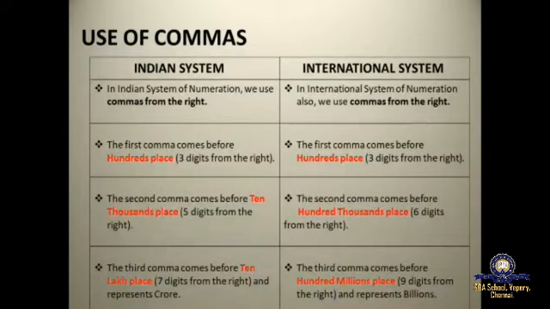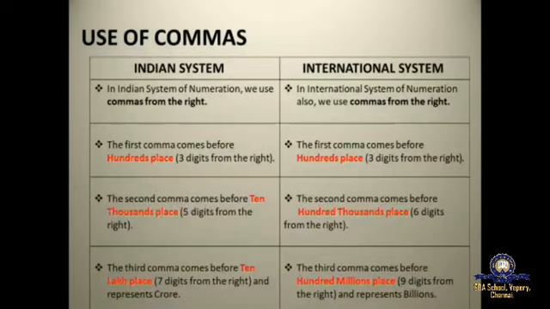That is ones, tens, hundreds, thousands, 10,000s, lakhs, and 10 lakhs. So 7 digits from the right. And the third comma in the international system comes before the 100 millions place. That is ones, tens, hundreds, thousands, 10,000s, 100,000s, millions, 10 millions, and 100 millions, 9 digits from the right.